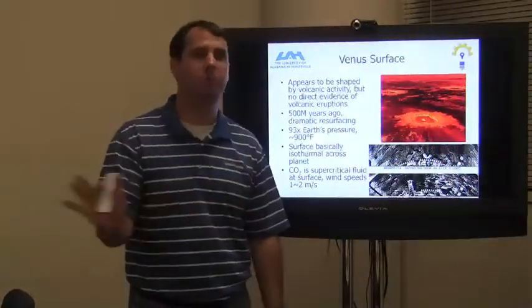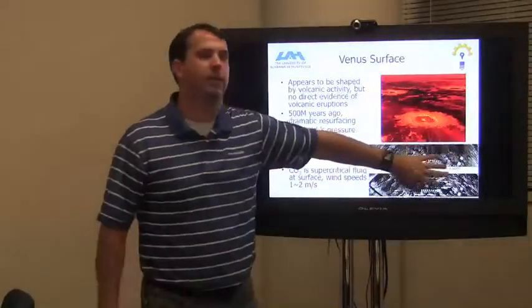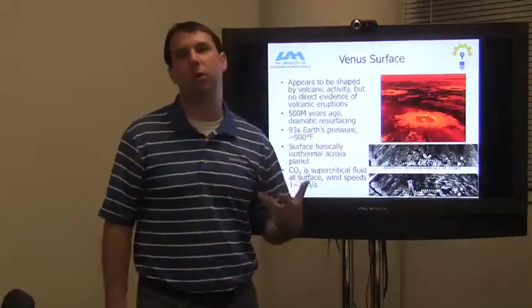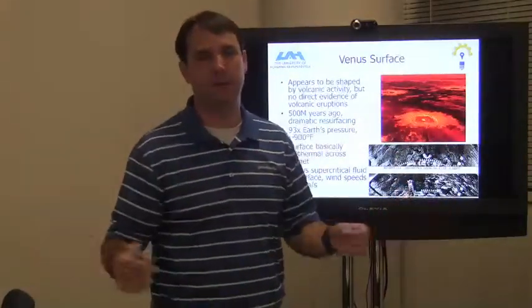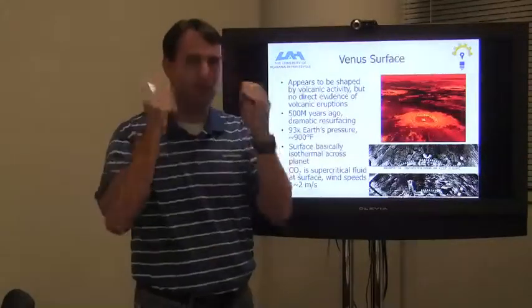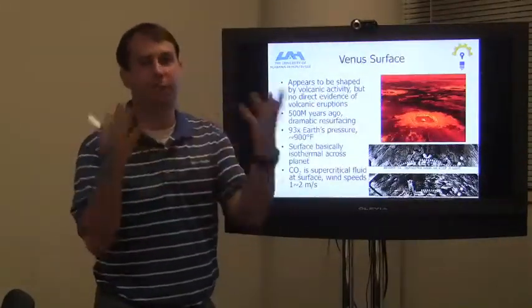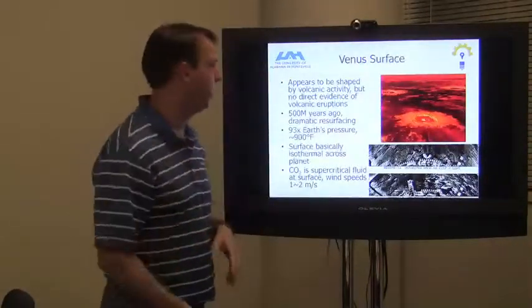It's just really bizarre. At the surface of Venus, it's probably more like swimming than moving through gases. So it's really weird, and we're going to have a hard time grasping that in our brains, because I have a hard time visualizing and imagining what a supercritical fluid is. But we'll work on it, okay?